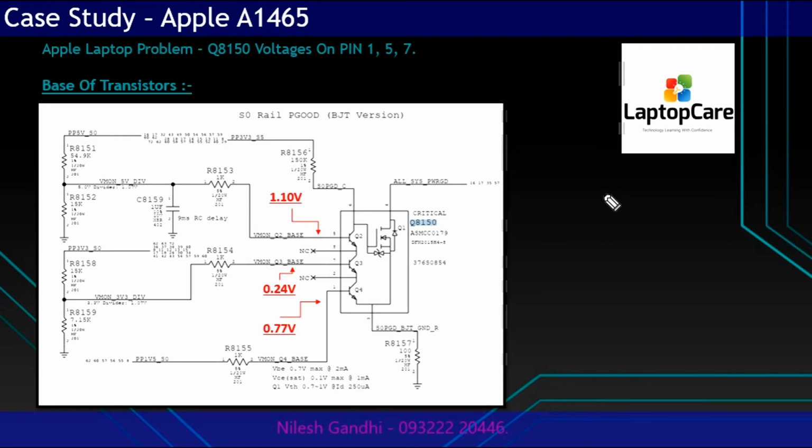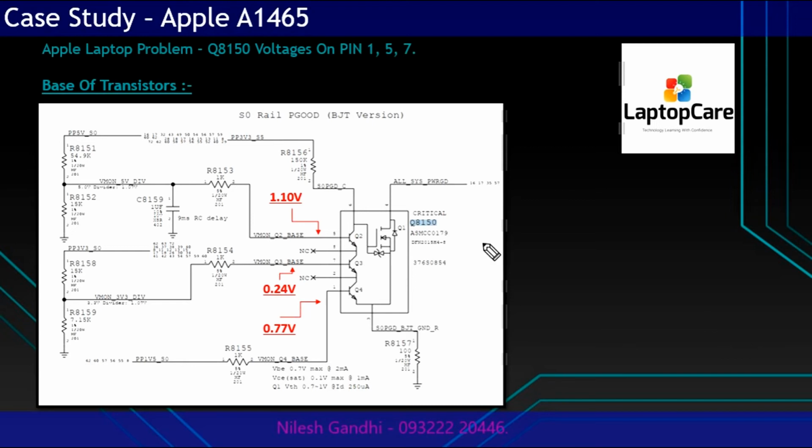On measuring voltages at pins 1, 5 and 7 respectively for transistors Q4, Q2 and Q3, we found the voltages on the bases as shown. On pin number 1, it was 0.77 volt for transistor Q4. On pin number 7, it was 0.24 volt for transistor Q3, and for transistor Q2 it was 1.10 volt on its base.